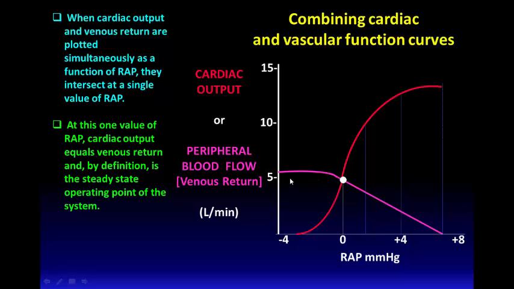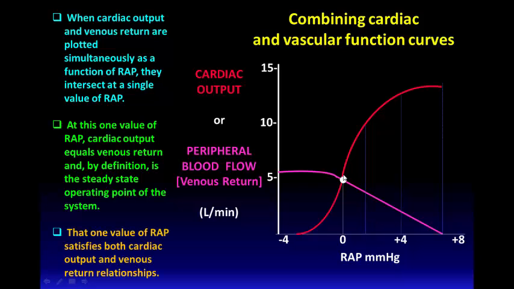Both are 5 liters per minute, and by definition this value of the right atrial pressure is the steady state operating point of the system. That one value of the right atrial pressure satisfies both cardiac output and venous return relationships.